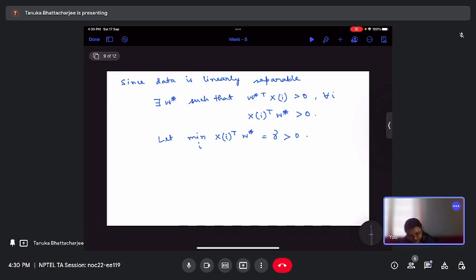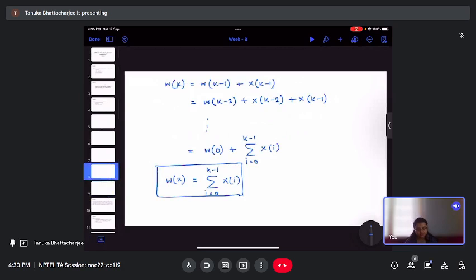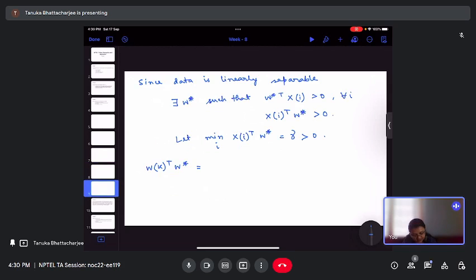Now, if you take wk transpose W star at any iteration k, then what we saw in the previous calculation, wk is basically the sum of all the feature vectors. So, if you put that here, you will get the sum of xi transpose W star for i equal to 0 to k minus 1.